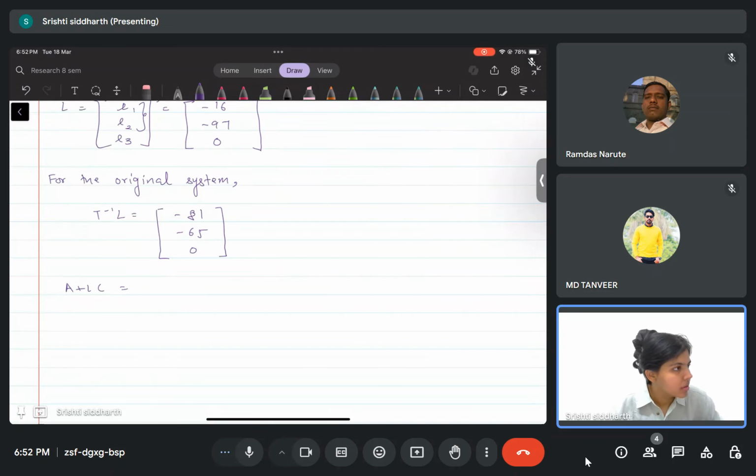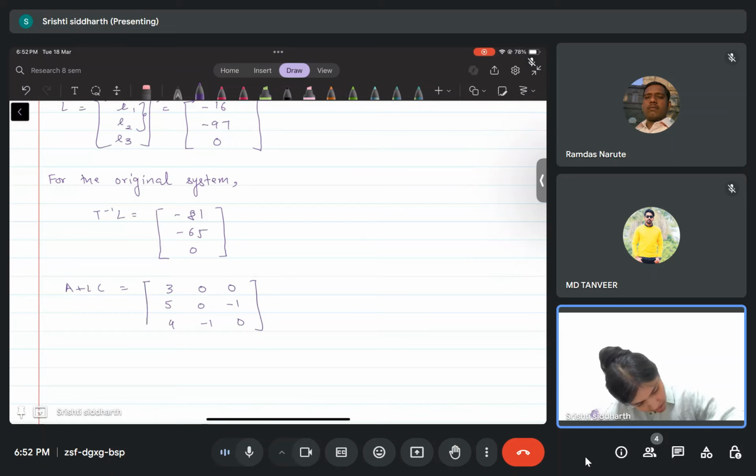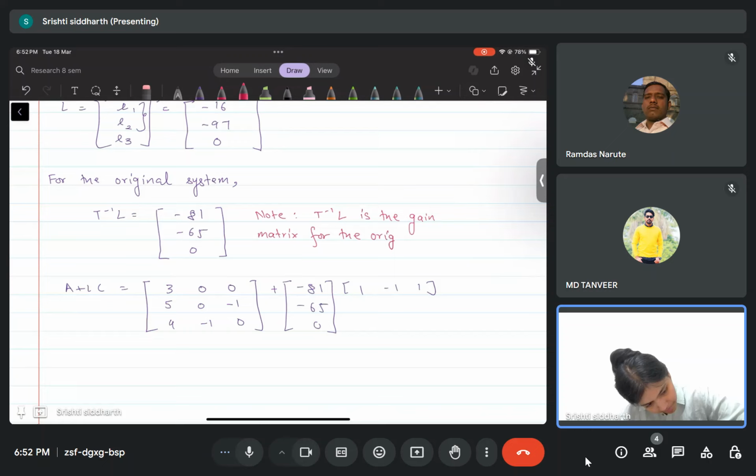is 0, 0, 5, 0, minus 1, and then L is minus 81, minus 65, so 1, minus 1, 9. So that plus L in matrix for the original system.